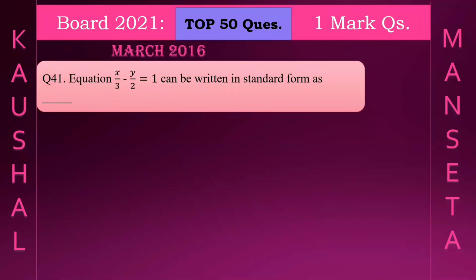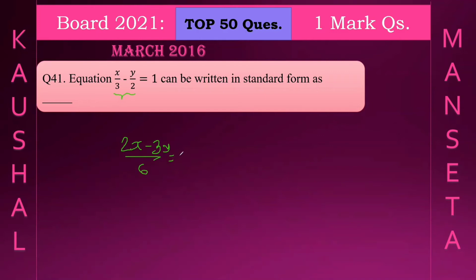Okay, next, question 41. The equation x by 3 minus y by 2 equals to 1 can be written in standard form as... See, first we are going to take the LCM. The LCM gives 6, since 3 twos are 6. So we have to multiply 2 with x and 3 with y. So we get (2x minus 3y) divided by 6 equals to 1.